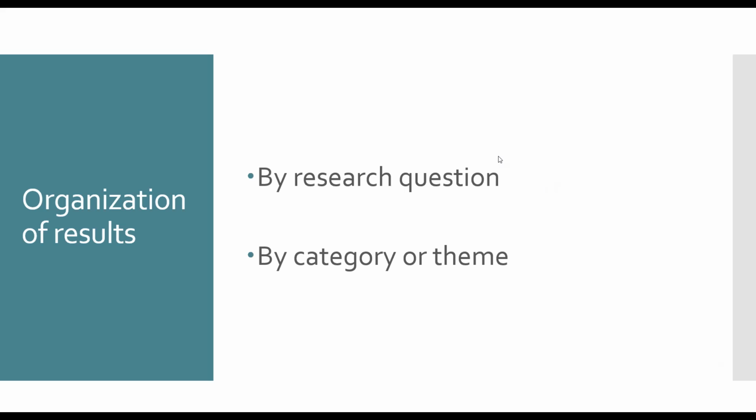The organization of this section can vary, and it really has to do with what makes the most sense for your research questions and for your data and for your design.